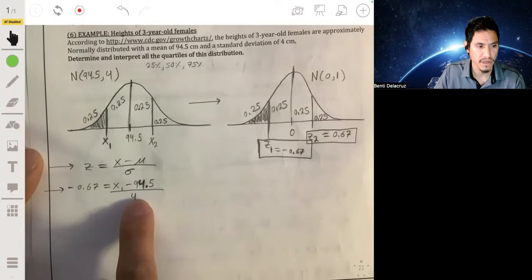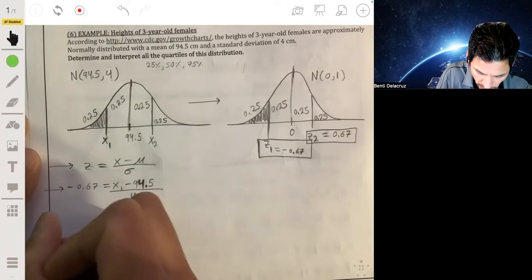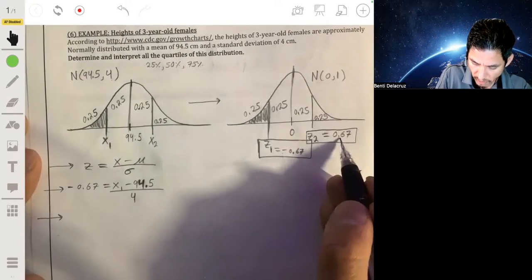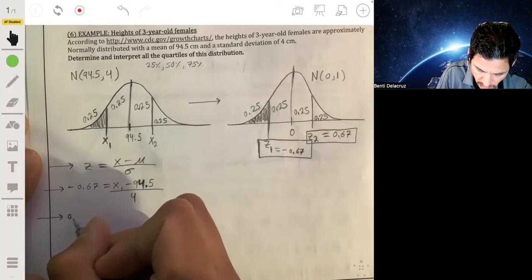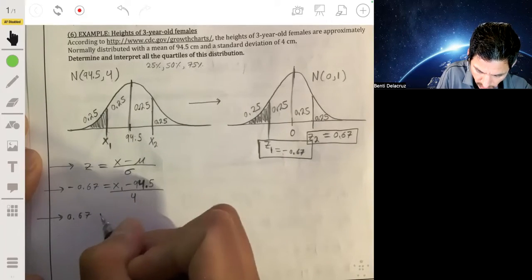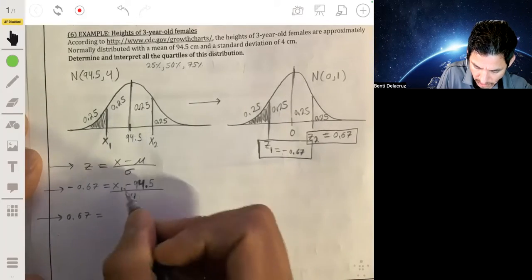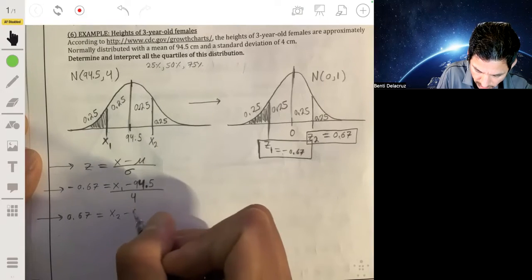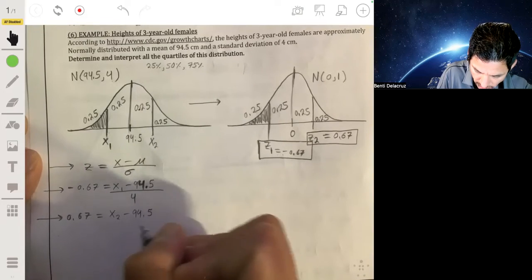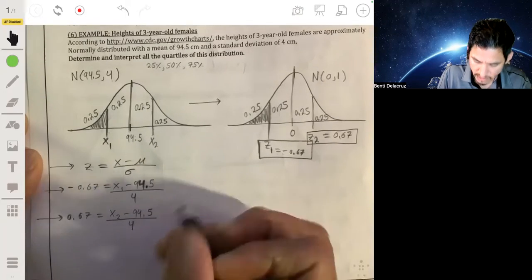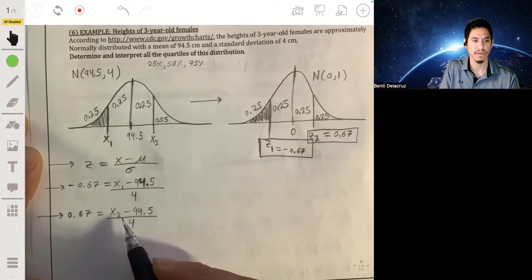Then we solve this for X1. For the other one, we set 0.67 equal to X2 minus 94.5 divided by 4, and solve for X2 in this equation.